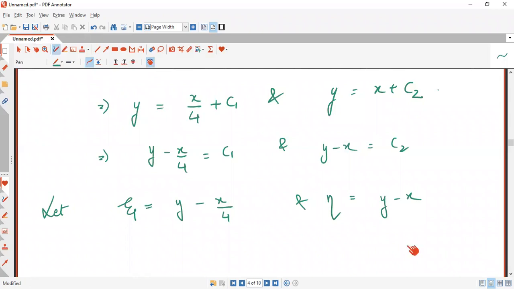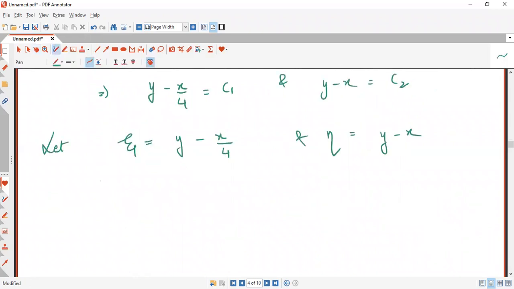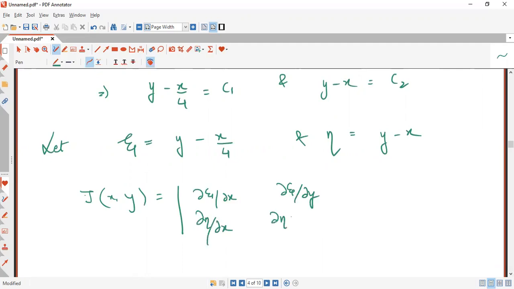Such that whenever you find the Jacobian of x and y, that means del xi by del x, del xi by del y, del eta by del x, del eta by del y, it should come out to be non-zero. You try it. Okay? Now, what is del xi by del x?